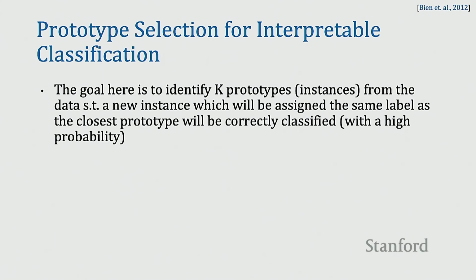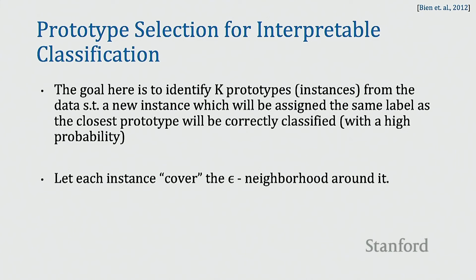So you want to pick some representative points in the data set such that if you give me a new data point, I should be able to compute the nearest neighbors among these representative points and assign the label of that nearest neighbor, and that should be the correct label for that new data point. So in some sense, I'm trying to build a classifier through these representative data points. Is that clear?